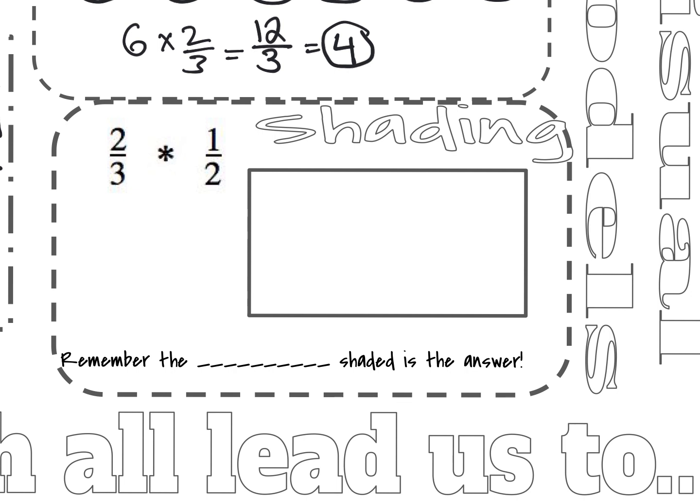And when I do that, I often want to think about using shading. So looking at this, I'm going to think about this as 2/3 of 1/2. So I'm going to take my pan or my model and I'm going to cut it first in half, and then I'm going to shade half of it.